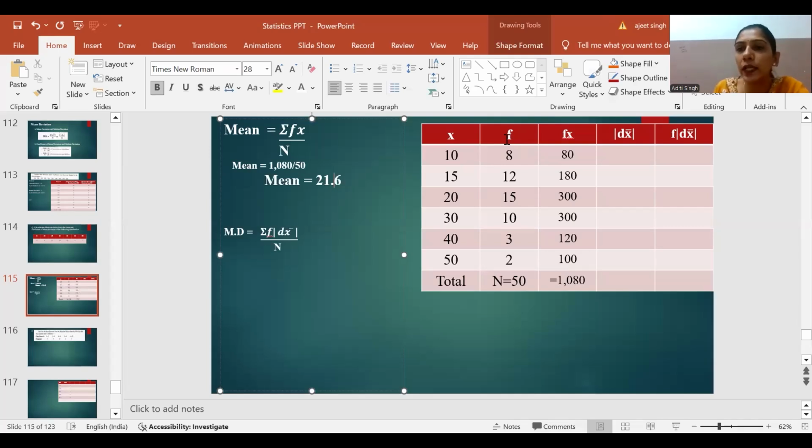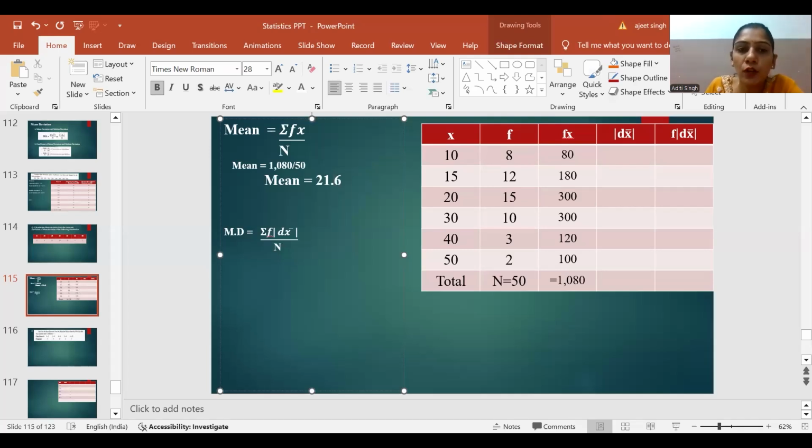Now we have to calculate the mean deviation. With the help of mean, we calculate the mean deviation. As I have earlier told you, while calculating the deviation, we have to ignore the sign of plus and minus.